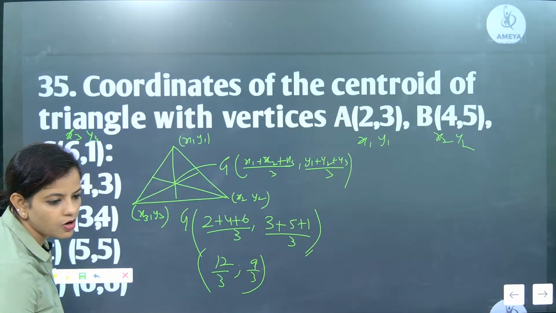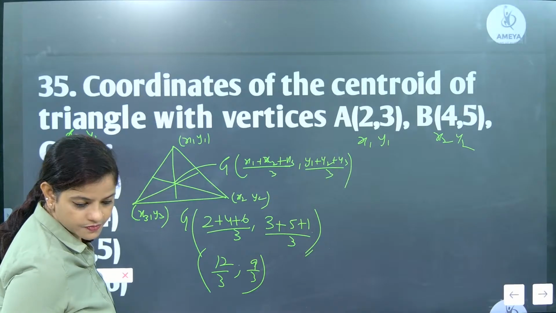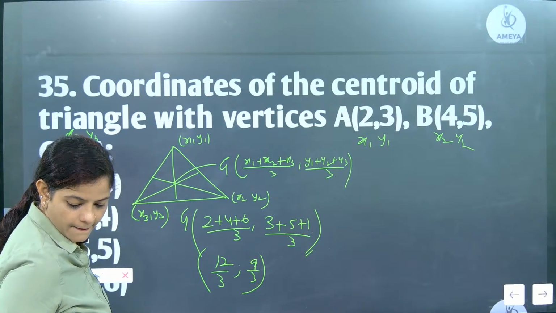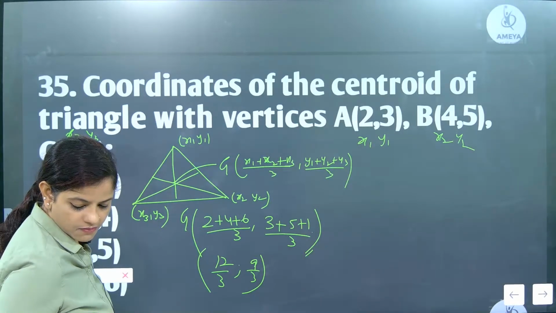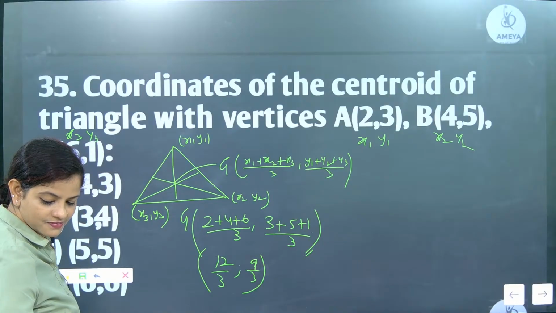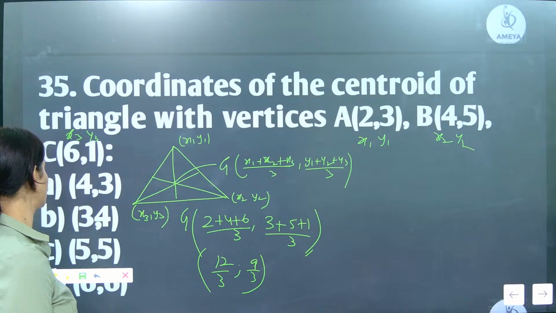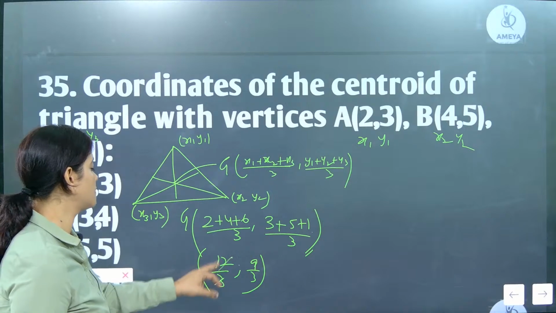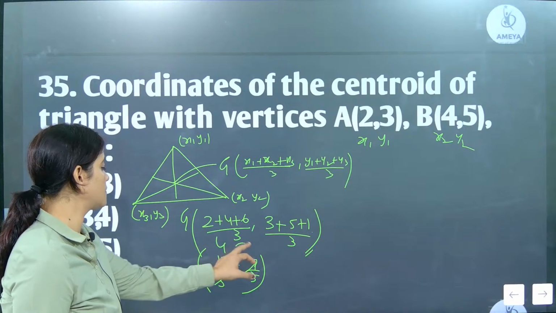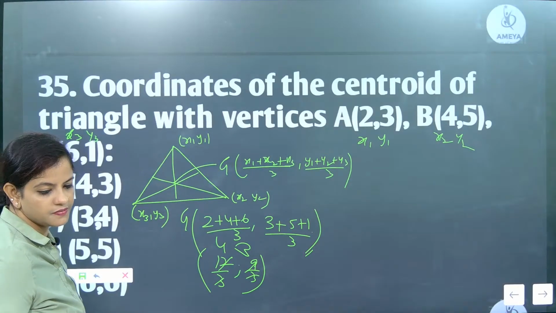A is 4, 3 and the other is 3, 4. Which one is the correct answer? It is coming as 4, 3.